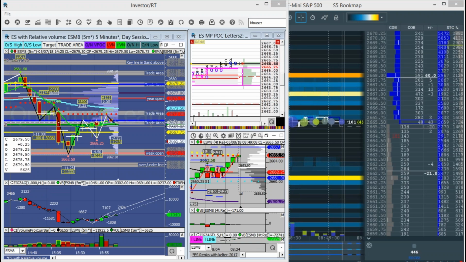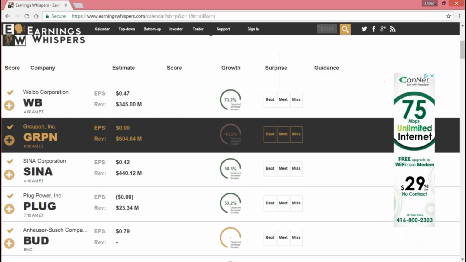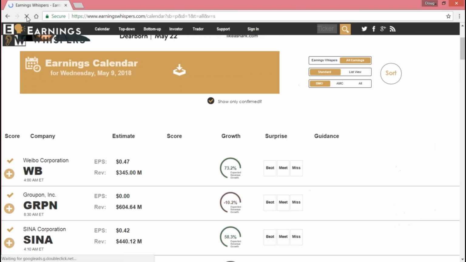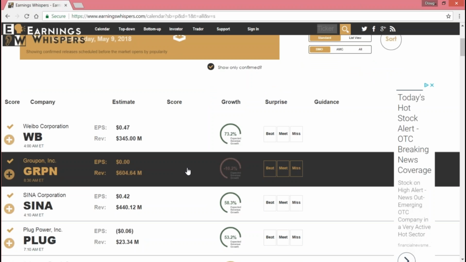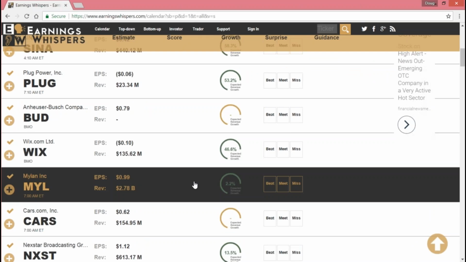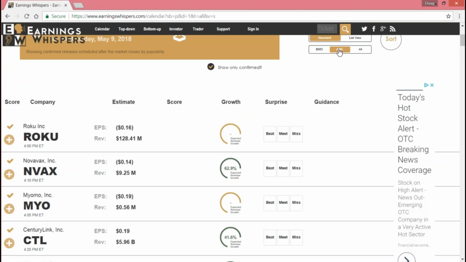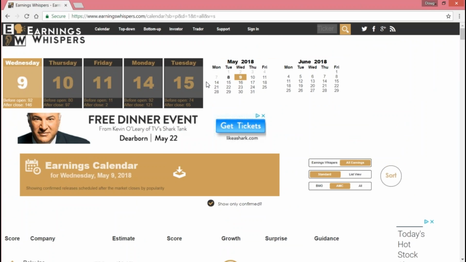Let's take a look at the earnings. There's not a lot on the table this morning. The big one, though, is going to be after market, and that's Disney. Pretty sure Disney's today. Are we on the right day?